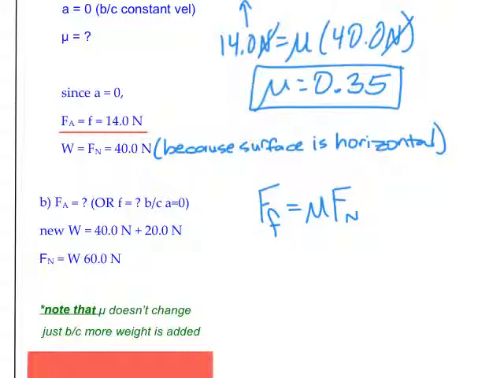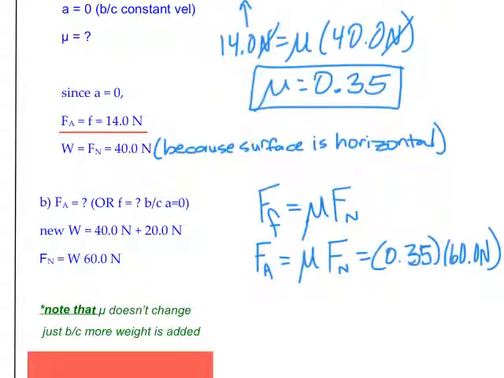Remember that this is our formula. We can substitute in the applied force for the friction because it's moving at a constant velocity. Coefficient of friction doesn't change. And then my normal force would be the same value as my weight. So I'm going to go ahead and plug in those numbers. We found the coefficient of friction in part A, and we found a new weight by stacking the 20 newtons on top of the 40 that we already had.